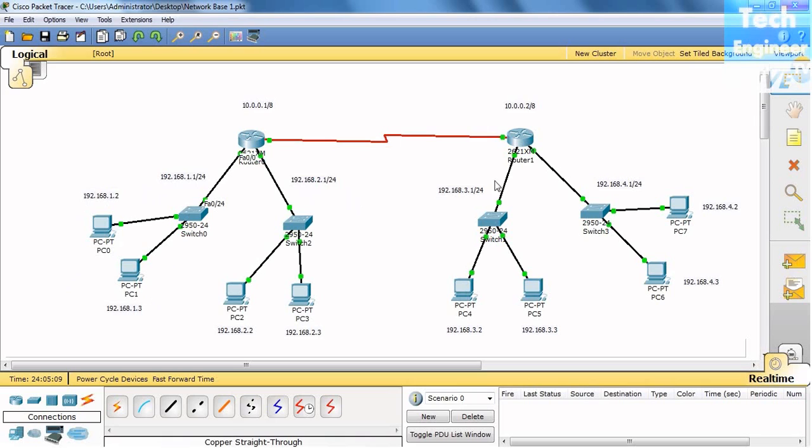In this router, 192.168.3.1, 192.168.4.1, meaning these PCs are connected with each other through the router. So this particular router and this other router are basically forming a small network with each other.